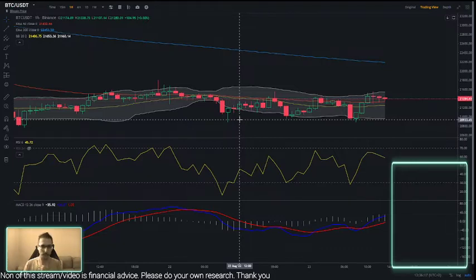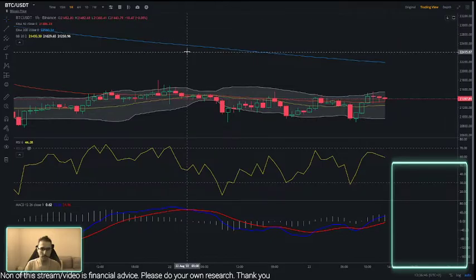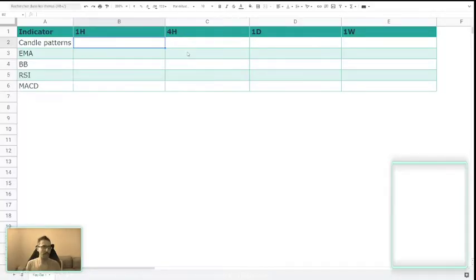as candle patterns. We are also going to go through this analysis through the hourly time frame, the 4-hour time frame, the daily and the weekly time frame, and see for each time frame what every indicator tells us, if it's more a bullish trend or bearish trend, and we are going to sum up everything in the following Excel file.